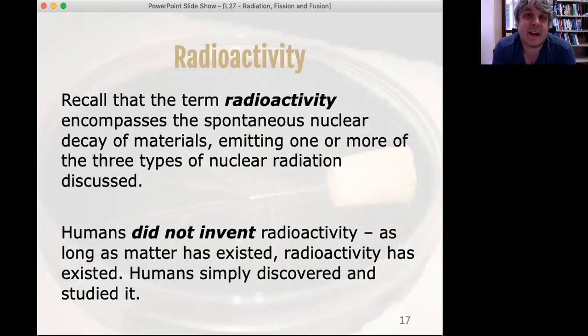It just exists as a fact of nature, of the universe, of the way that atoms are constructed. As long as atoms have existed, so as long as stars have been around to build things bigger than hydrogen, radioactivity has existed. Right? So we did not invent it, we discovered it and analyzed it and studied it and then figured out how to harness it and use it for our own purposes, but it has always existed.